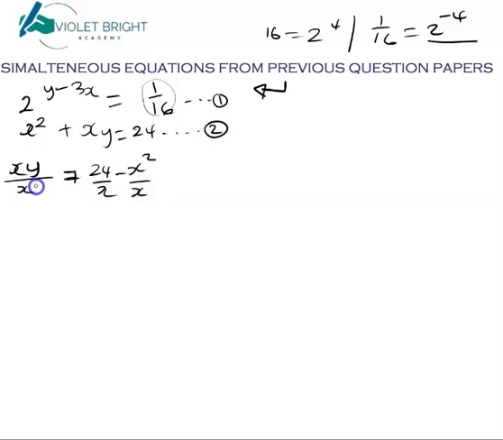So it's going to be y equals 24 minus x squared over x. Basically it's going to be like that.